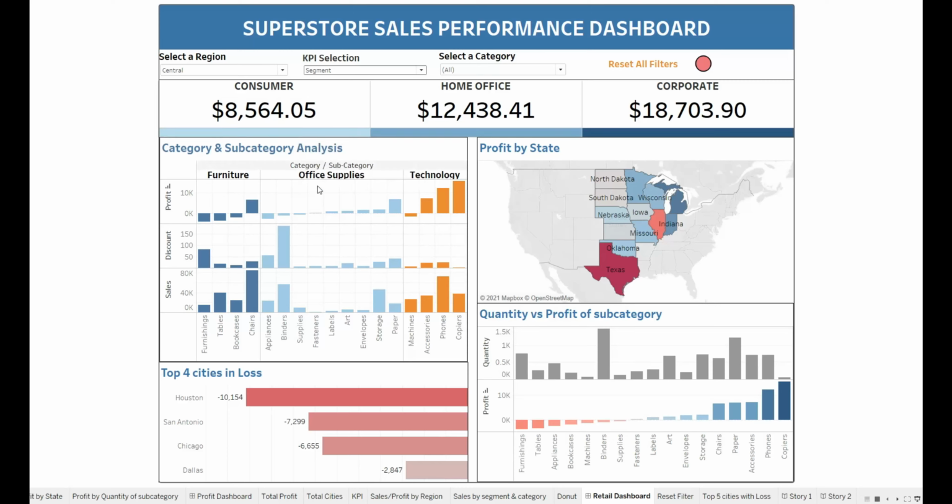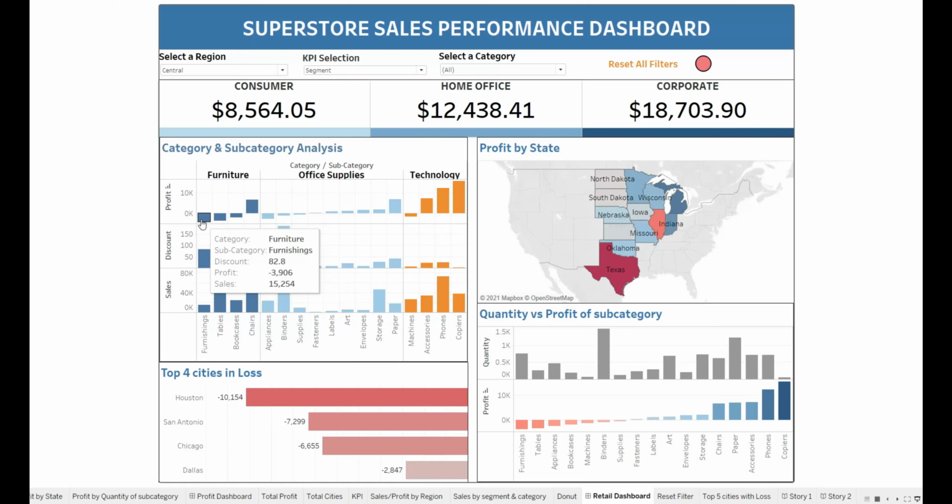Now coming towards the category and subcategory analysis, this analysis is made on three factors, that is sales, discount, and profit. The orange bar represents the technology category, the light blue bar represents the office supplies, and the dark blue bar represents the furniture.